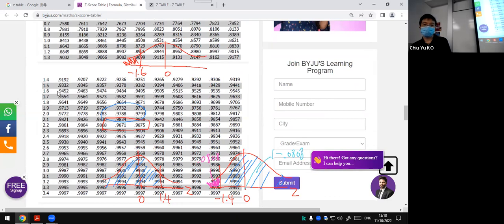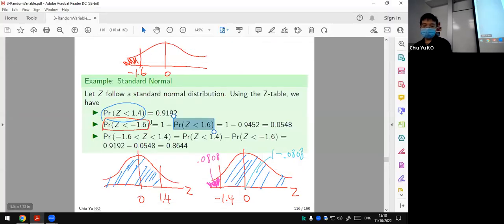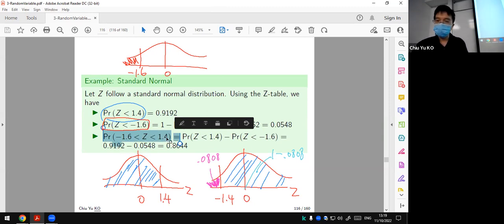It depends on which graph you're looking at. Here in this table I look at the positive z, but anyway, they're the same thing. Is that okay? So lastly, I want to show how to calculate this too: less than 1.6 and 1.4.